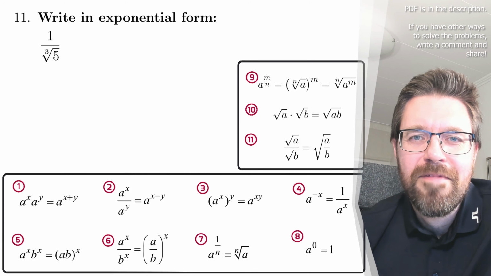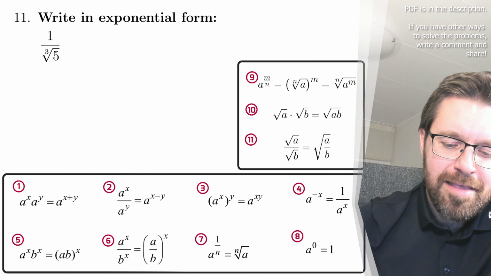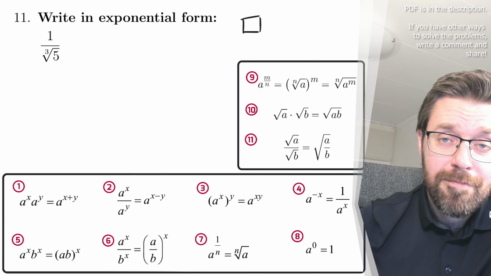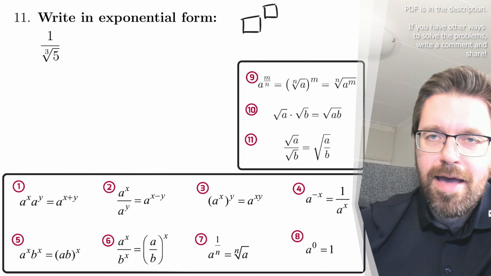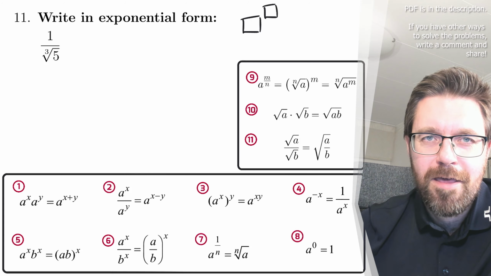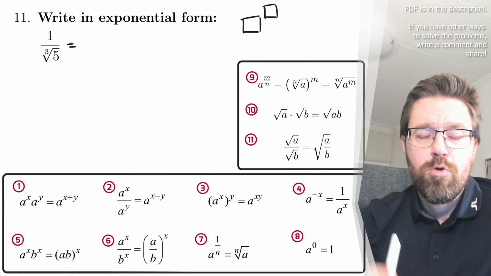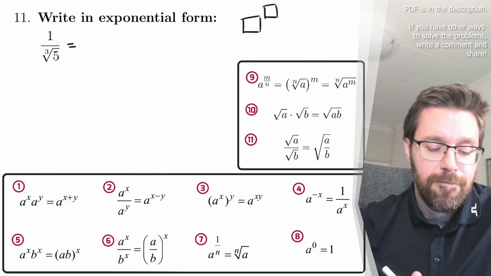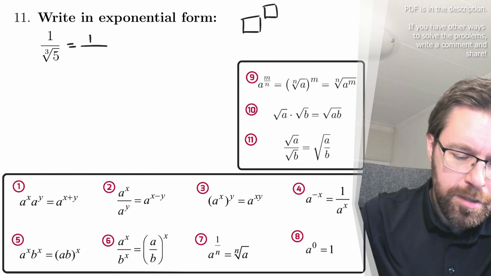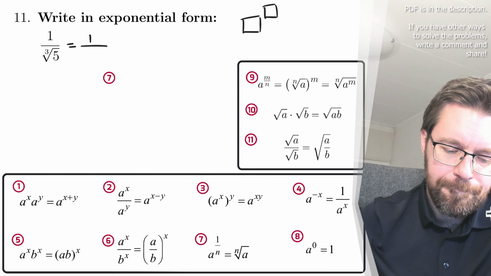Number 11, write in exponential form. And that means that you will rewrite this expression as a base raised to an exponent. Okay, so the first thing that I will do is to rewrite the denominator in exponential form. And I can do it with rule number 7 here.